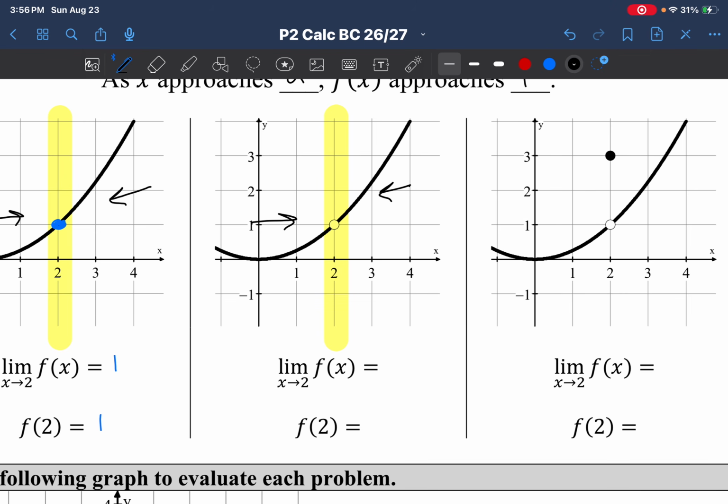So if you look at both the left and the right side, they're both still approaching a 1. So this is going to be 1. However, since there is a hole here, we cannot find a value for f of 2. When there's a hole there, that means it does not exist at that value. So we say f of 2 is undefined.